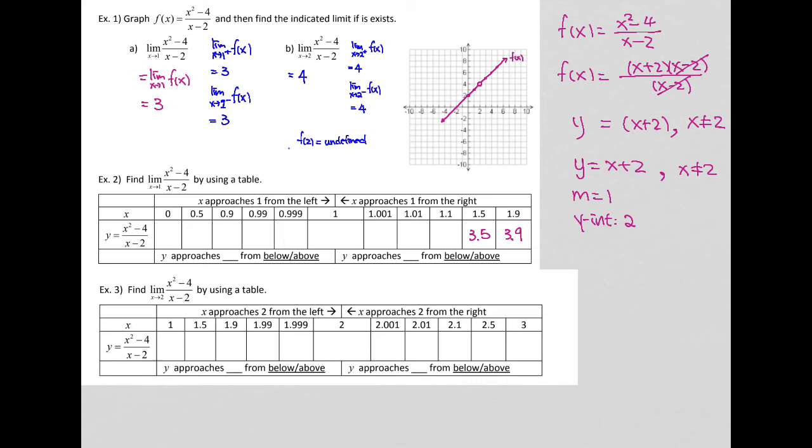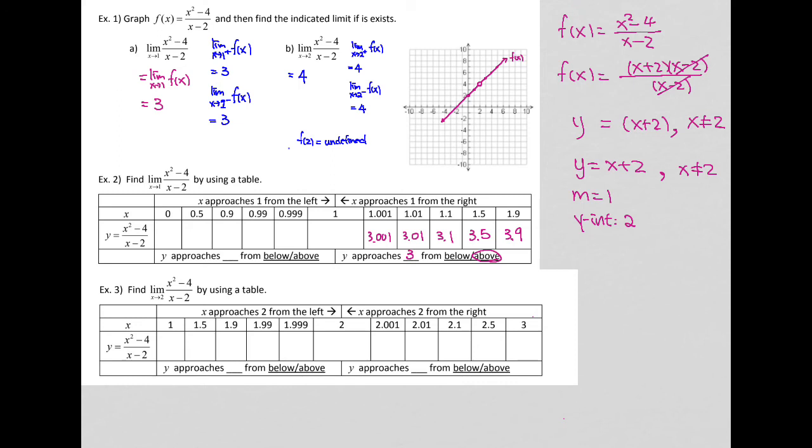When x becomes 1.1, your y value becomes 3.1. When x becomes 1.01, your y value is 3.01. And when x is 1.001, your y value becomes 3.001. So we say y is approaching 3 from above 3.